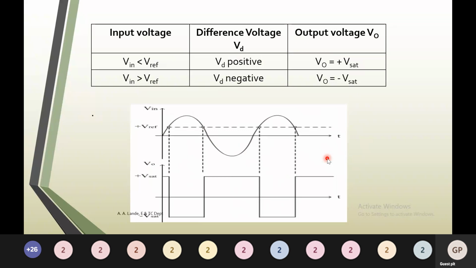Just compare the graph with the table that is given. Yes, hope you understood.